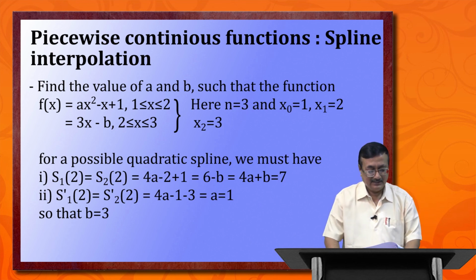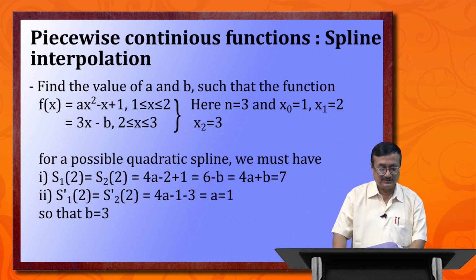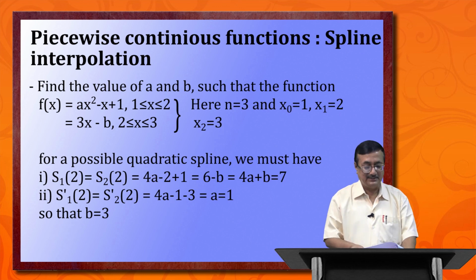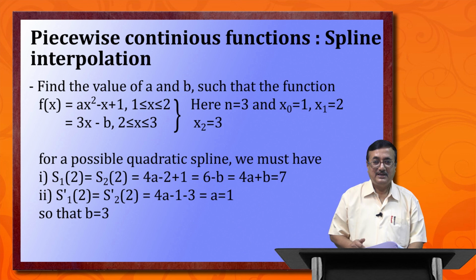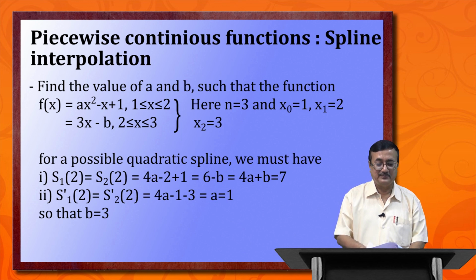So if we take a is equal to 1 and b is equal to 3, then f(x) will be a possible quadratic spline satisfying the conditions that the functional value as well as the derivatives value are equal at the intermediate points.